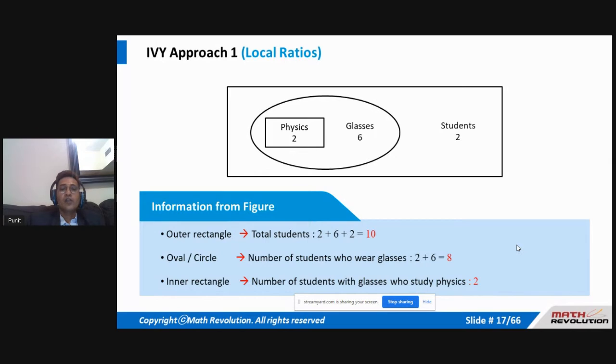And the number of students with glasses who study physics is 2.